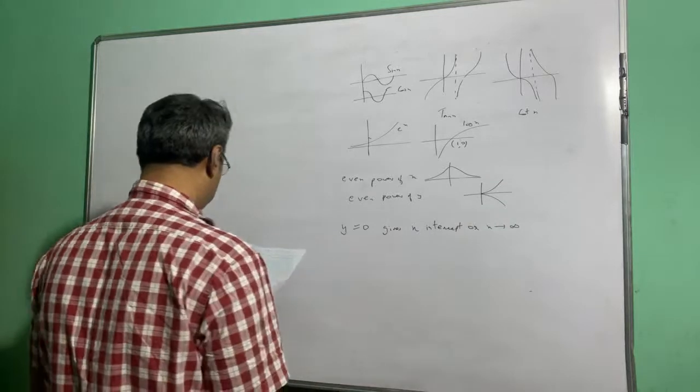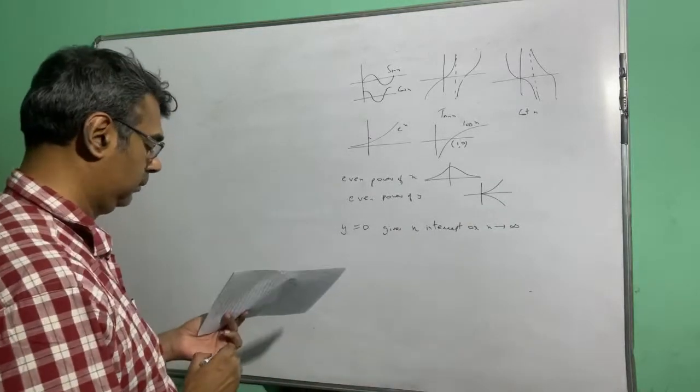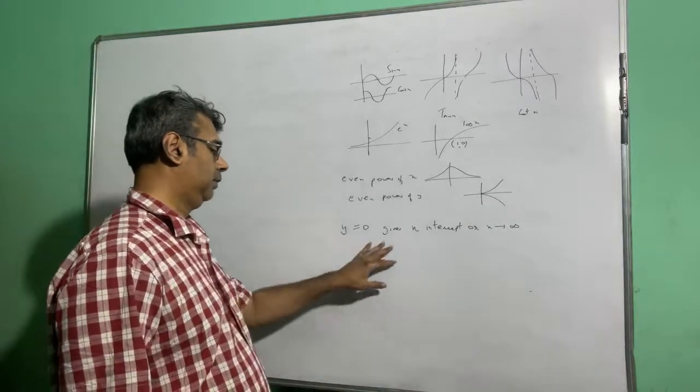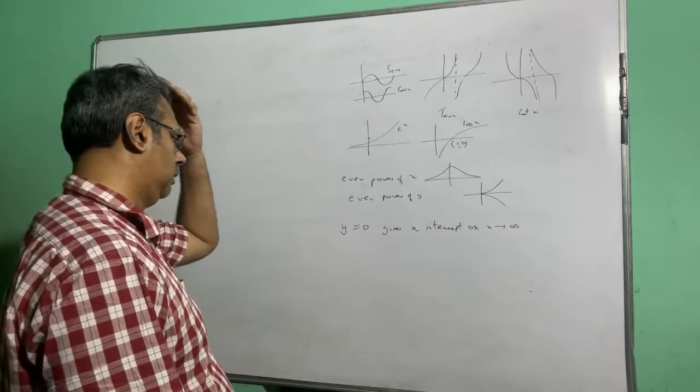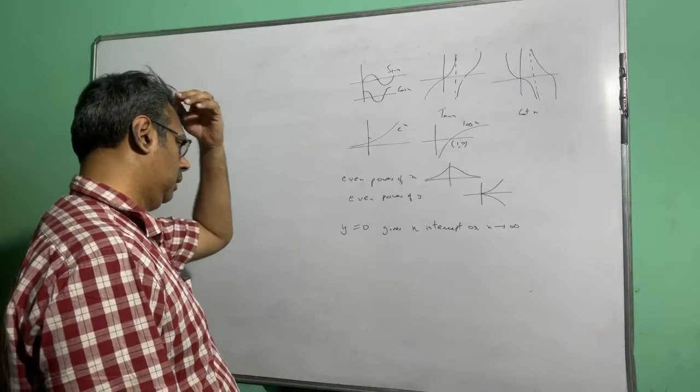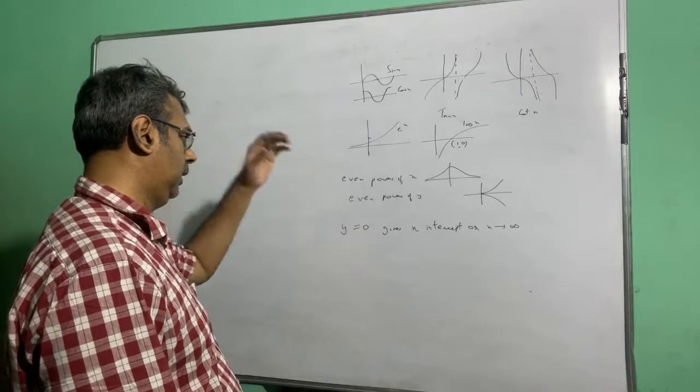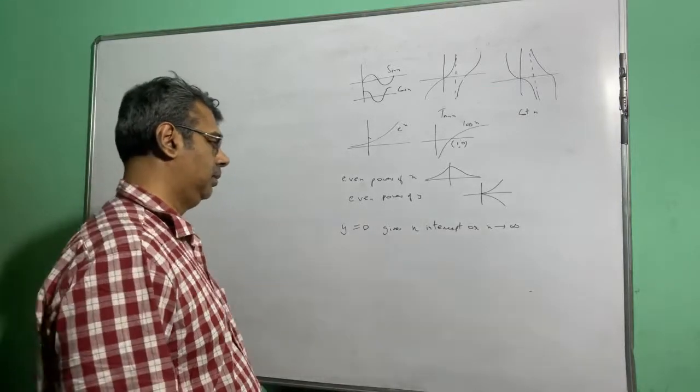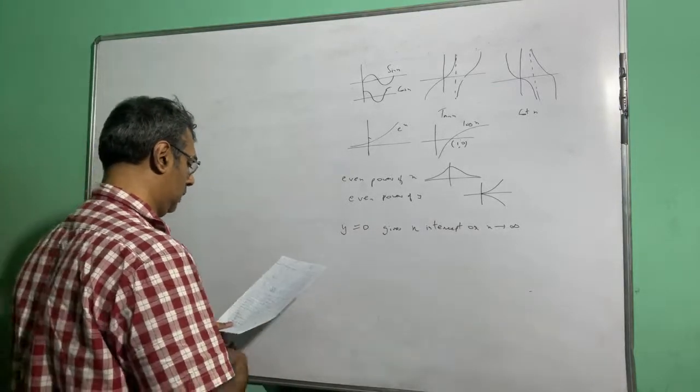Okay, if in a graph you have y equal to 0, then y equal to 0 will give the x-intercept, or you can say that x tends to infinity.